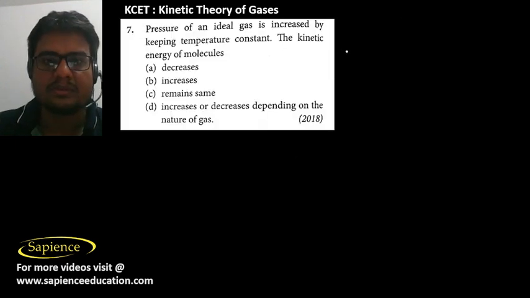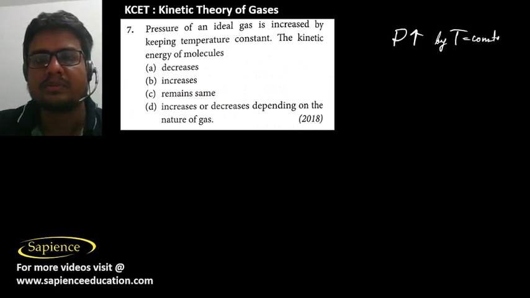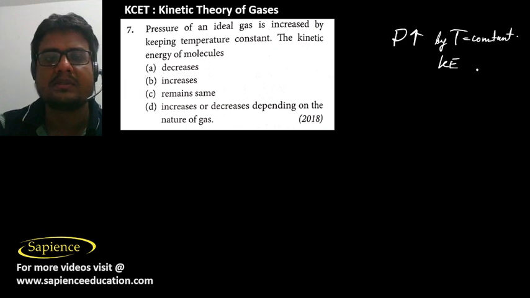Then in question number 7 it is told the pressure of an ideal gas is increased by keeping temperature constant. Then the kinetic energy of the molecules, will it increase, decrease, remain the same, or increase or decrease depending on the nature of the gas? Which option is correct?